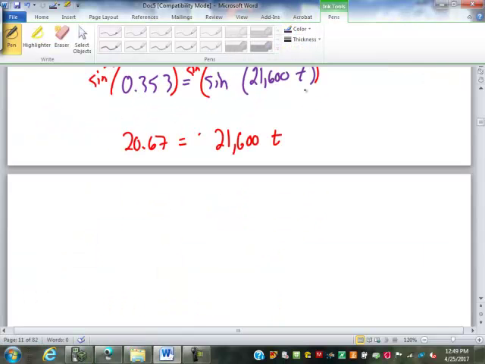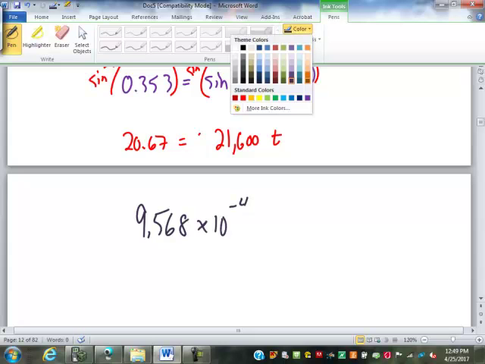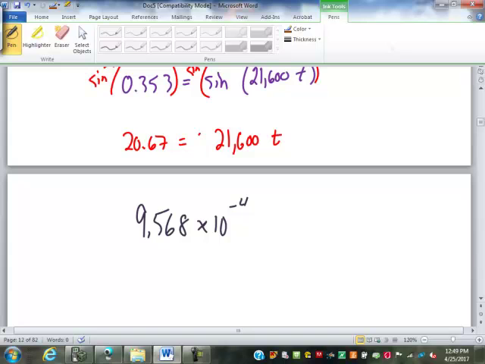What that's saying is 9.568 times 10 to the negative 4th. So what does that mean? I moved the decimal point 4 spots to the left.